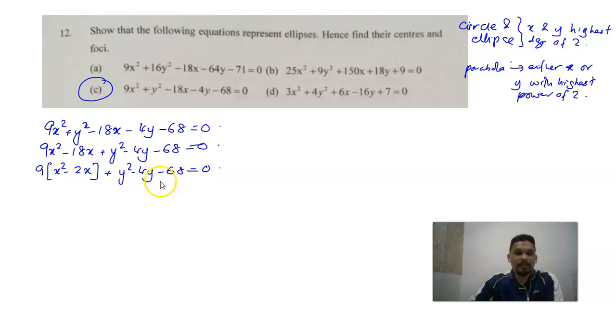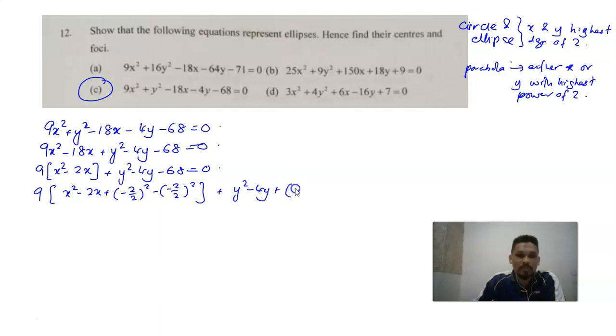Then we begin the process of completing the square, where x squared minus 2x plus (negative 2 over 2) squared minus (negative 2 over 2) squared, plus y squared minus 4y plus (negative 4 over 2) squared minus (negative 4 over 2) squared, minus 68 equal to 0.